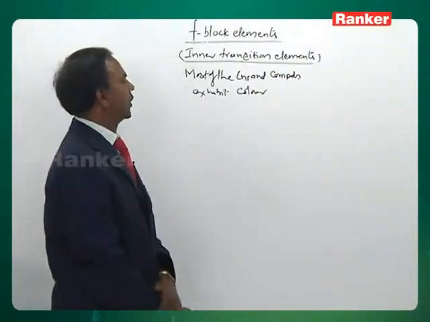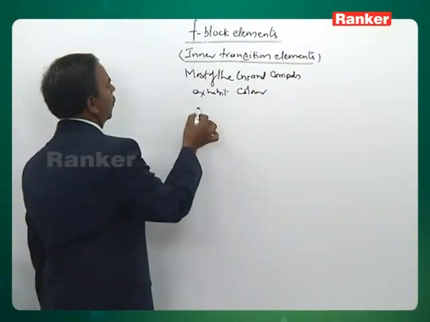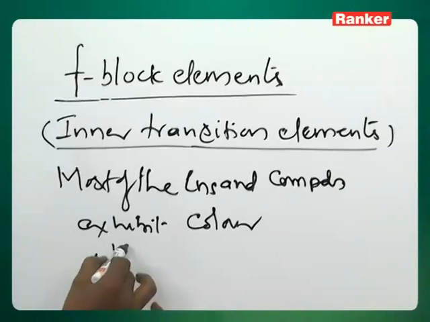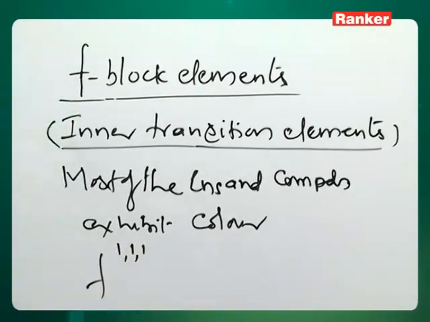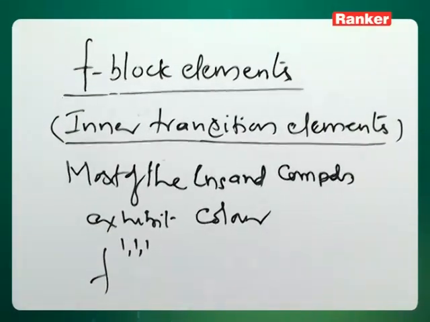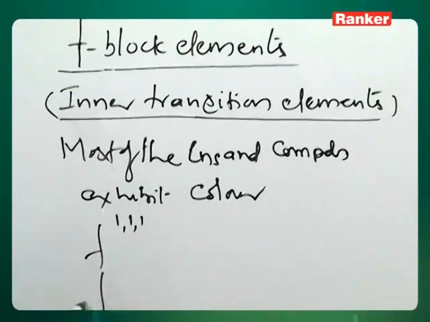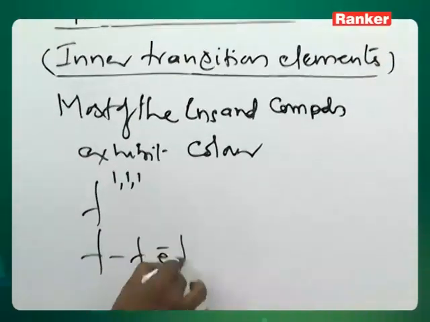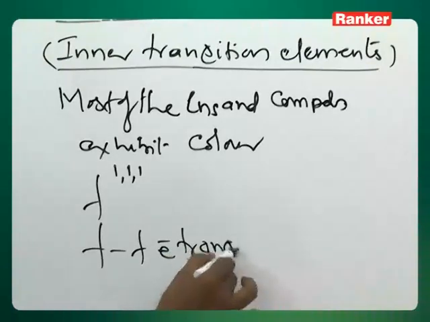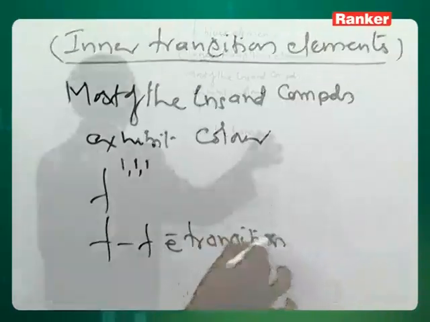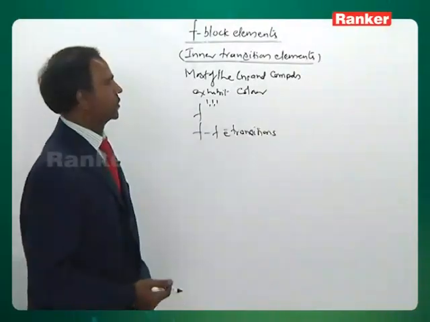Most of the lanthanides and their compounds exhibit color. It is due to the presence of unpaired electrons in f orbitals. It is also due to f orbital to f orbital electronic transitions.